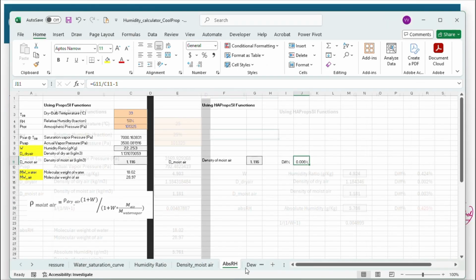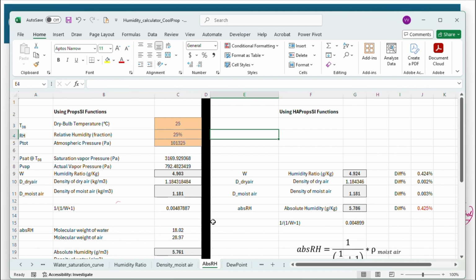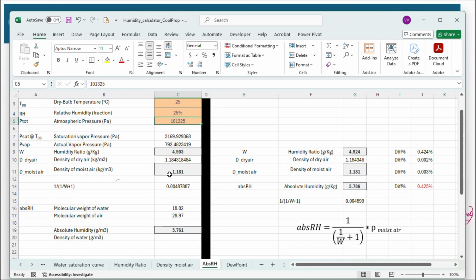Go to the absolute RH tab, and here you have the dry bulbs, relative humidity, and the atmospheric pressure. The first thing you calculate again is saturation pressure, and then the actual pressure. Then find the humidity ratio W based off of that, like we did before. Then calculate the dry air density. Use the dry air density and all these values to calculate the moist air density, like we did before.